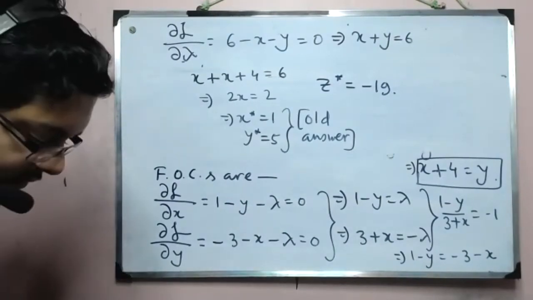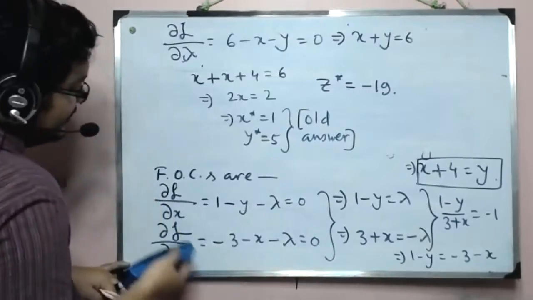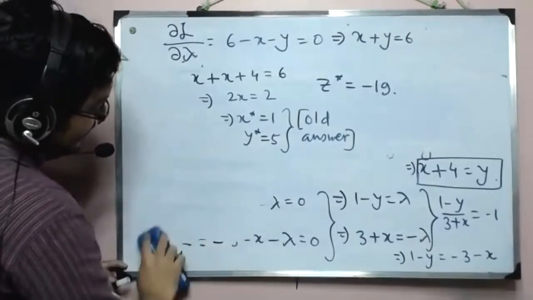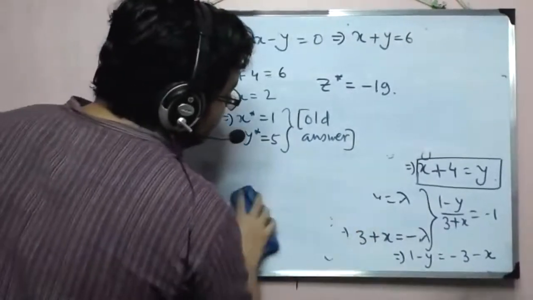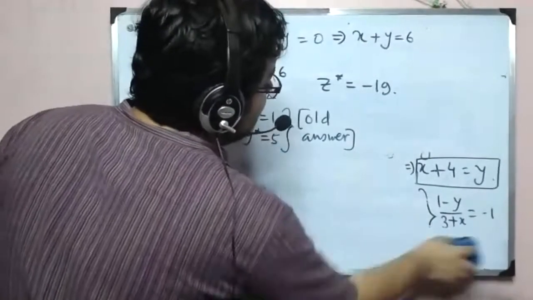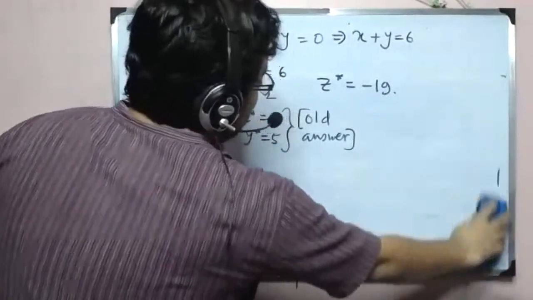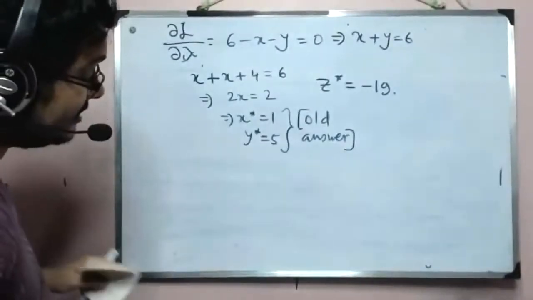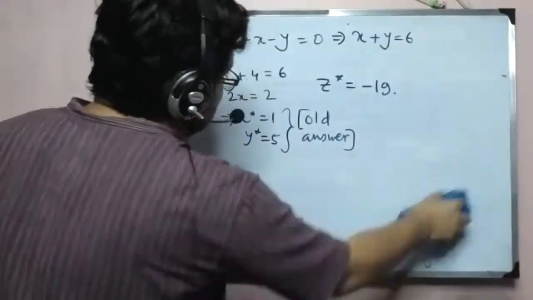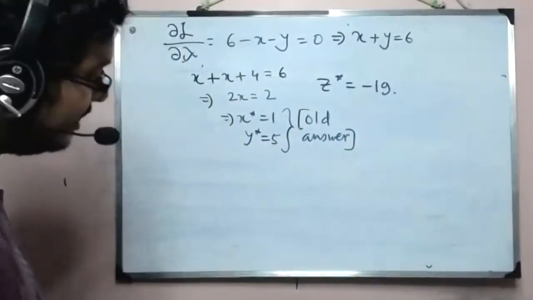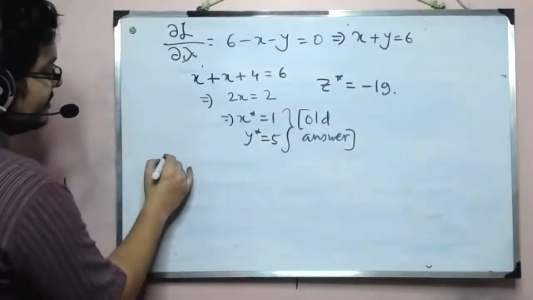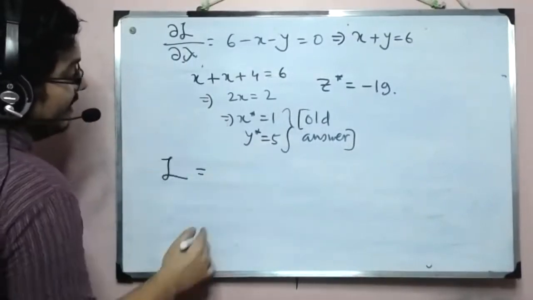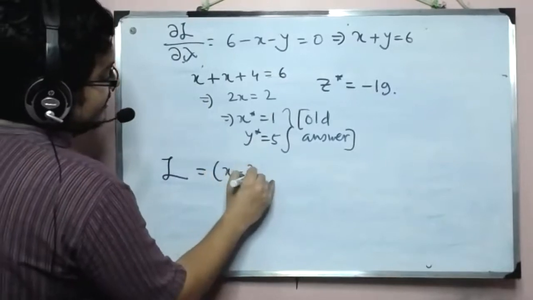Now we're going to look at what happens to our script L. We did not optimize z; what we optimized here is script L. So what is our script L? It is this one.